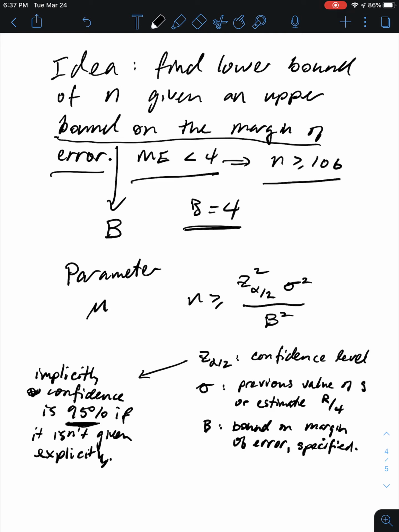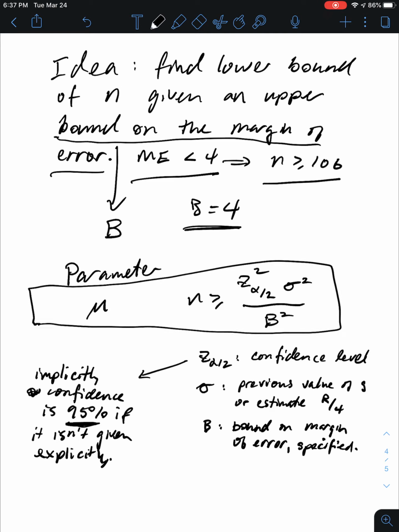All right, so that is how we do experimental design when we are interested in measurement situations when the parameter in question is mu.